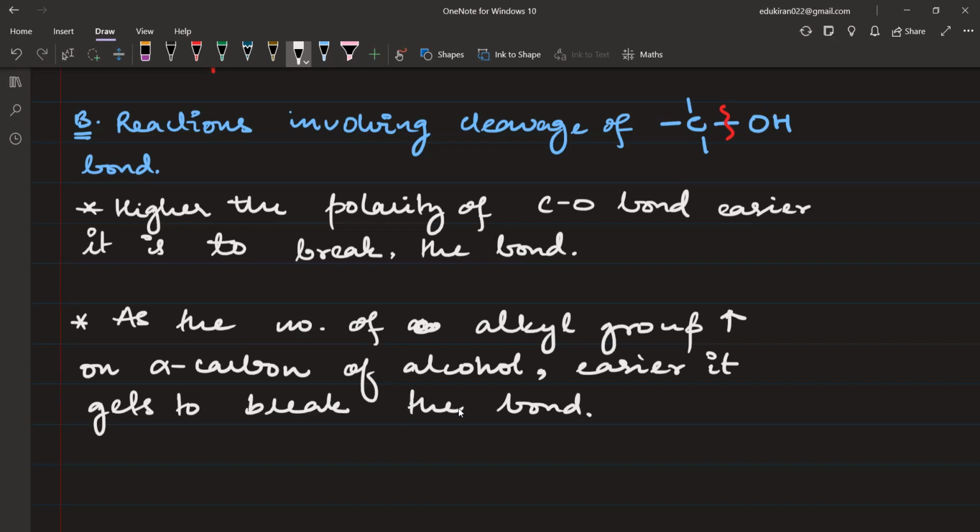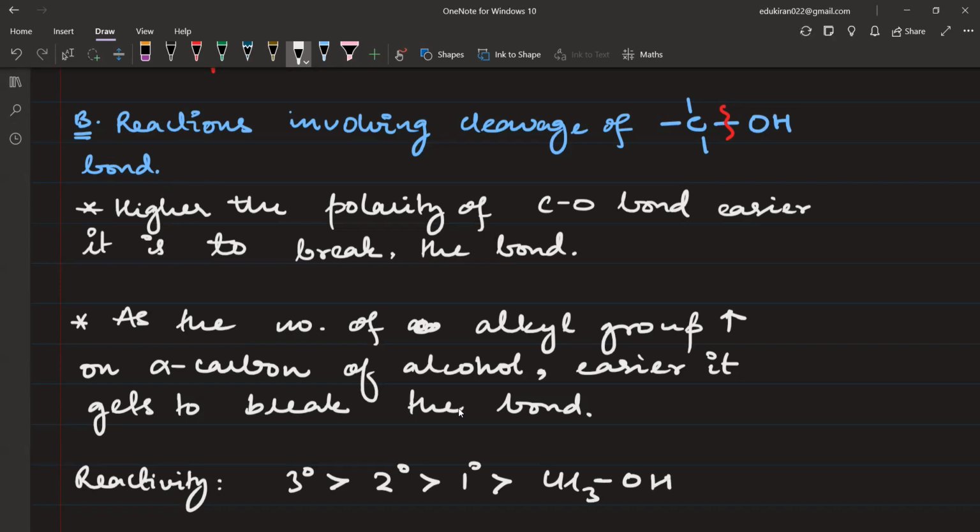So reactivity is going to be: 3 degree will be most reactive, 2 degree will be the next, 1 degree will be least reactive, and the very least reactive will be CH3OH. Write this down, then I will explain why 3 degree is most reactive, then 2 degree, and then 1 degree.